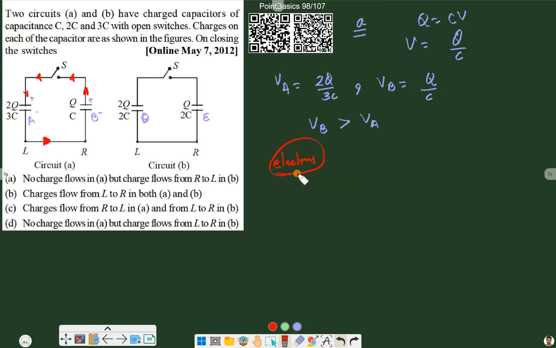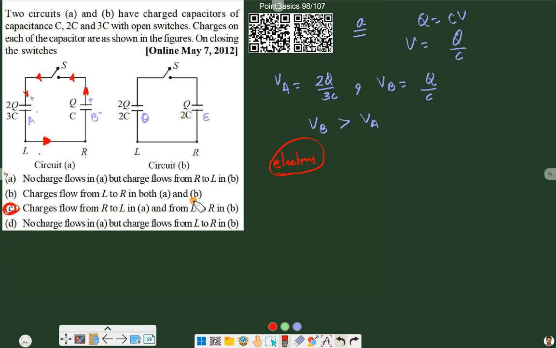Means if current is flowing from left to right, then electrons should be flowing from right to left. So for the first circuit A, our charges should flow from R to L, and here we have only one option, that is option C, that matches this criteria.